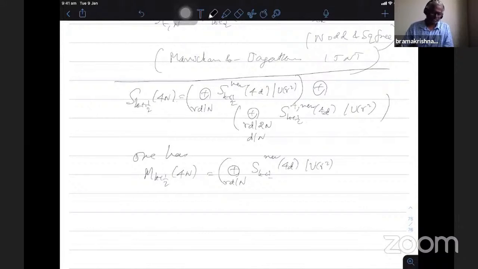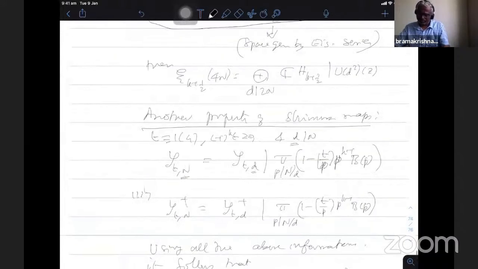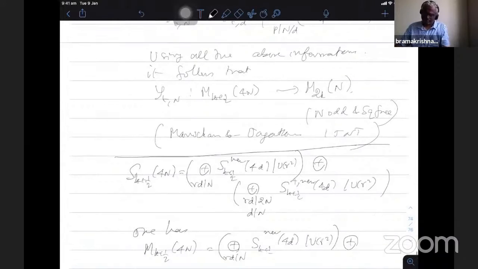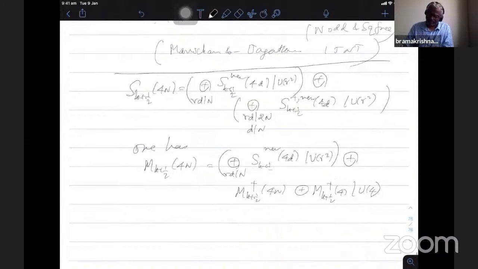This one is kept as it is, and the remaining, if I combine with this Cohen-Eisenstein series and its duplication, they all belong to the plus space. So therefore this can be written as M_{k+1/2} plus (4n) direct sum M_{k+1/2} plus (4n) or u4. Okay, so the whole decomposition is, what is interesting is that when I consider this one, cusp form has this kind of decomposition.